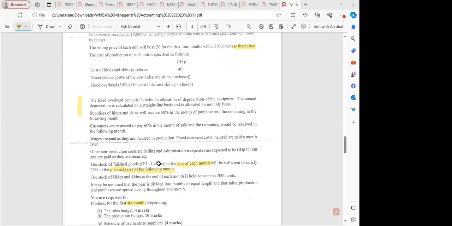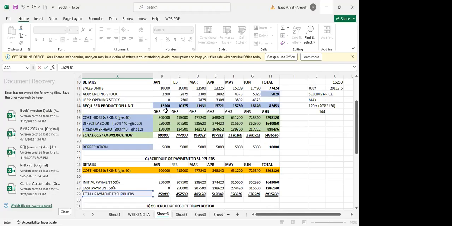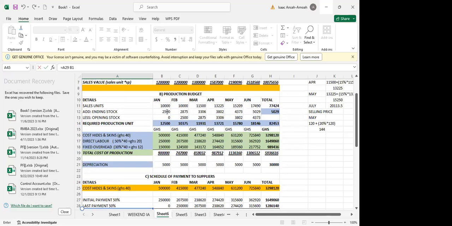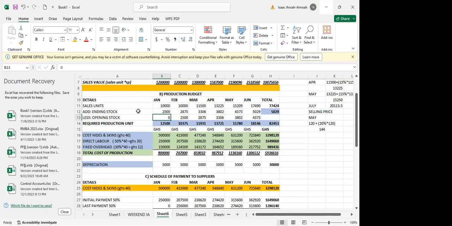Computed ending stock. How we computed ending stock was 25% of planned sale, 25% of planned sale of the following month.